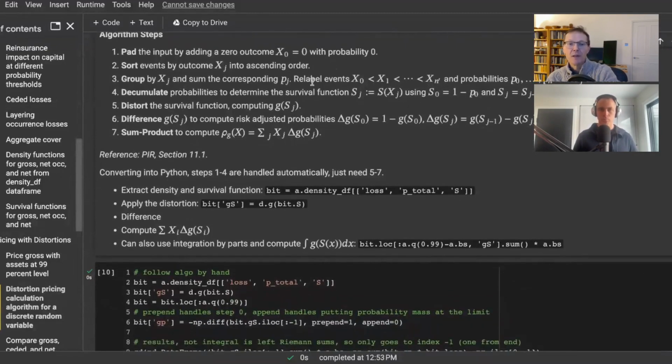So that's step 4. Then in step 5, you apply g to that. Now I've got this distorted survival function, and all of those survivals are slightly bigger. Then I do the opposite of step 4 to go back to probabilities. I take the differences of those g of S's, a backward difference because it's a decreasing function.